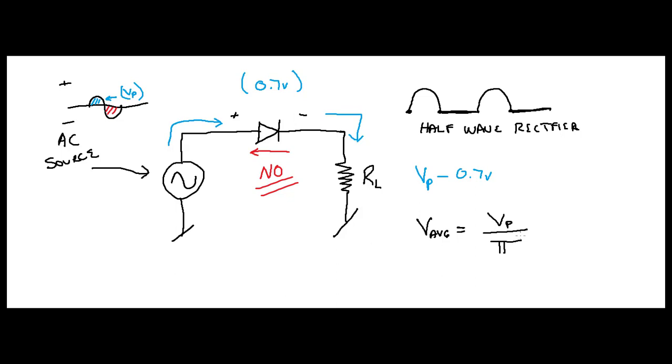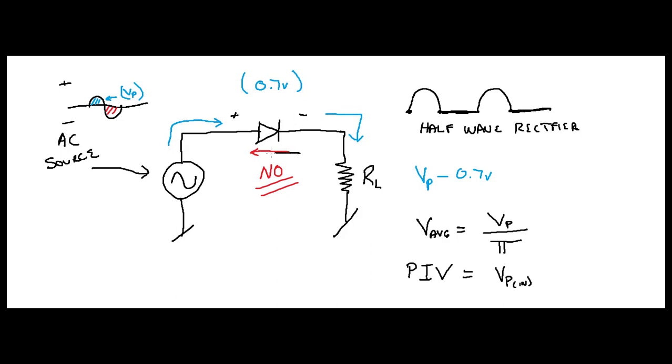The other important thing to think about is your peak inverse voltage. Okay? That's going to equal VP in. The peak inverse voltage is the amount of voltage seen going this way.